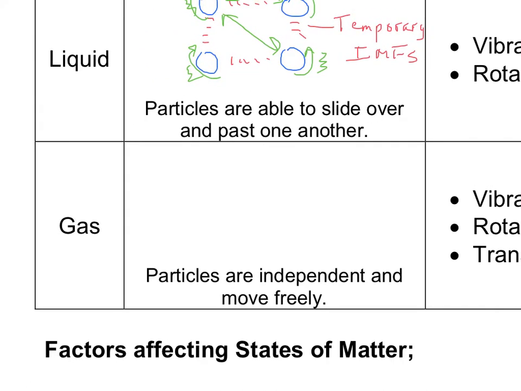Compounds in the gas state have particles with even more kinetic energy. So much so that they're able to completely break the intermolecular forces holding the particles together. This allows the particles to spread out and move freely and independent of each other.